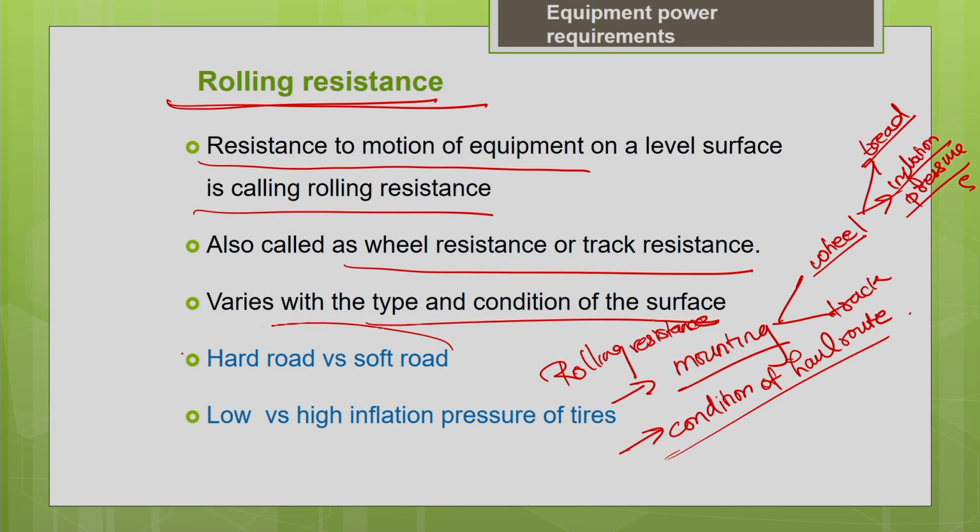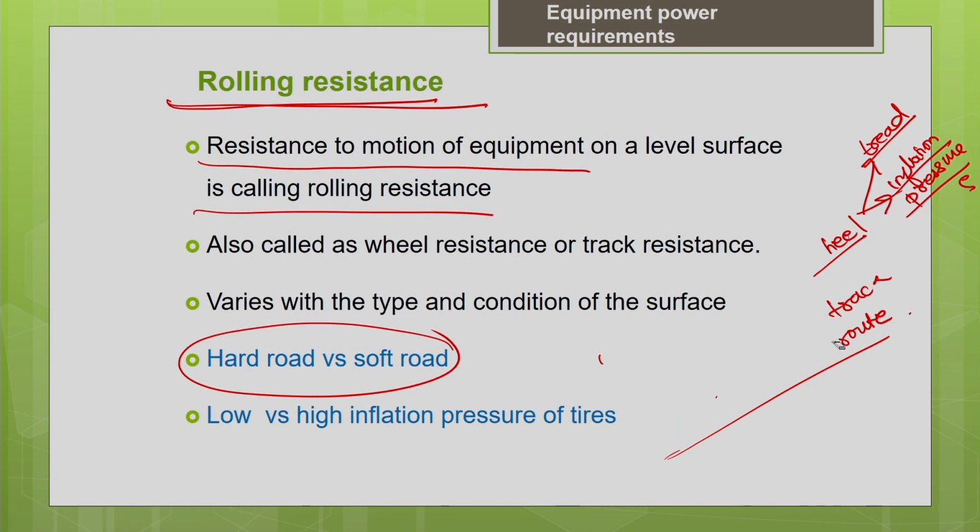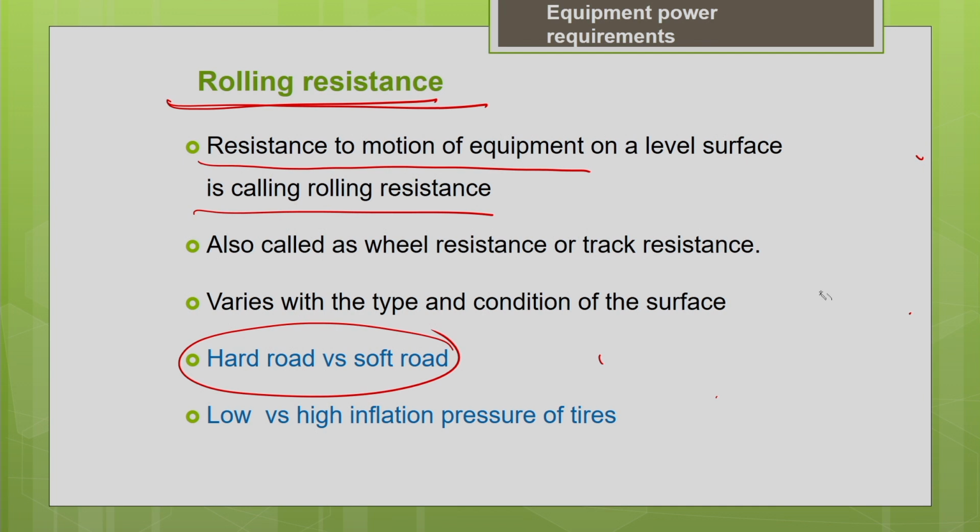So, we were comparing the rolling resistance of the hard road and the soft road. I gave you examples: concrete and asphalt roads are hard roads, and the earthen road you can take as an example of the soft road.